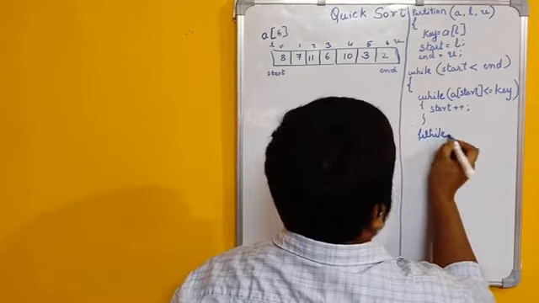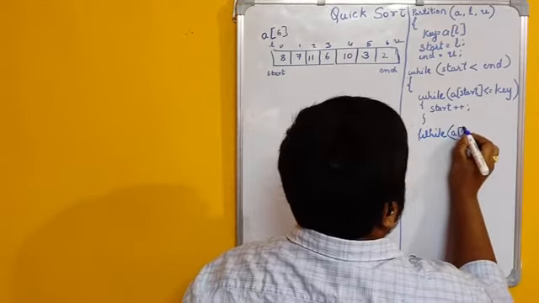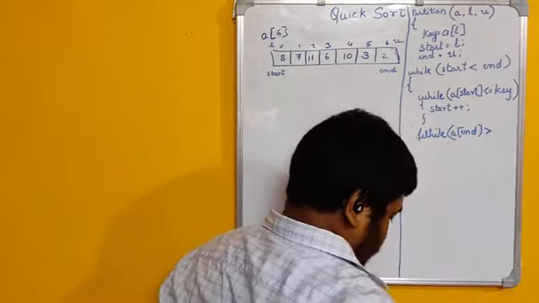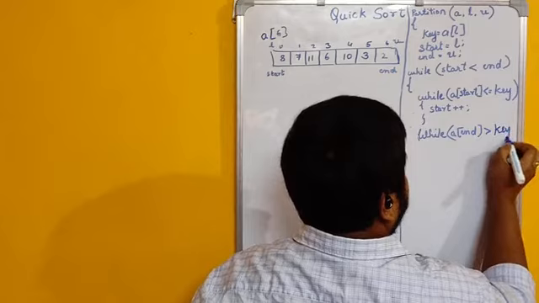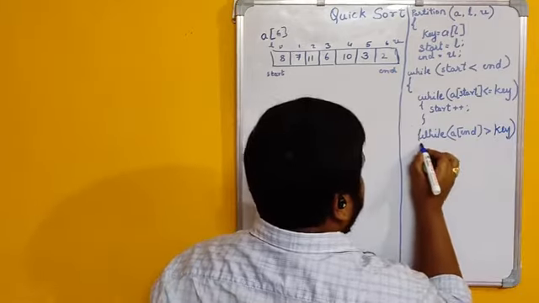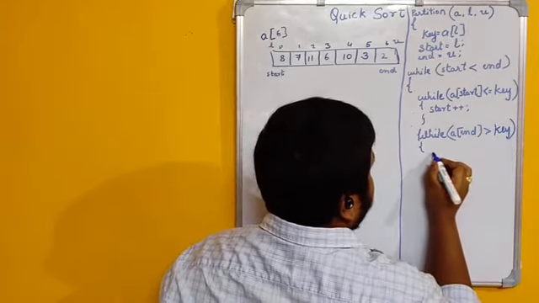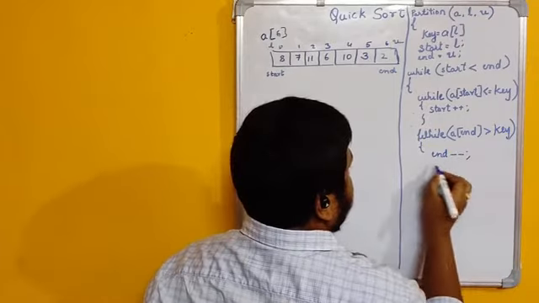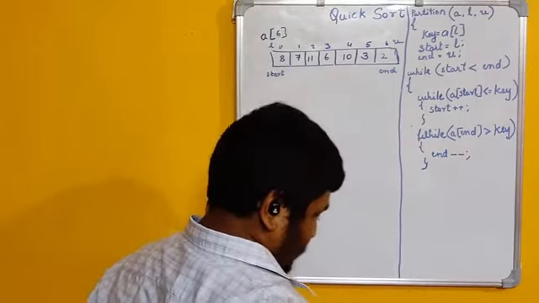Again, while A of end is greater than key, we have to do end minus minus, decrement the end.